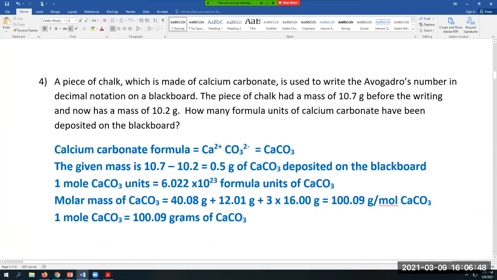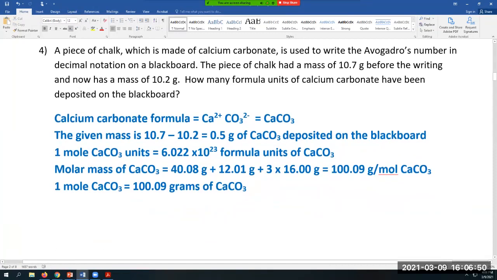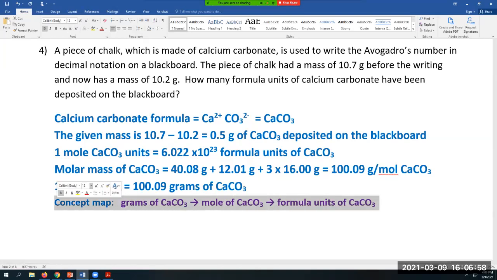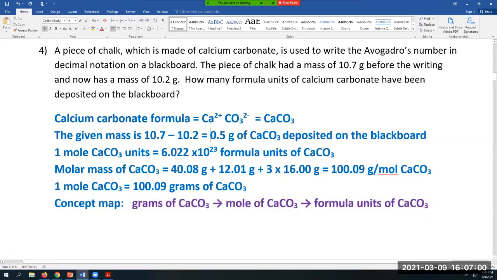So we are ready to write the concept map now. The concept map will look like this. So we start with grams of CaCO3 because that's what is given here with this difference of mass from the chalk. Then we change them to moles using the molar mass of CaCO3.